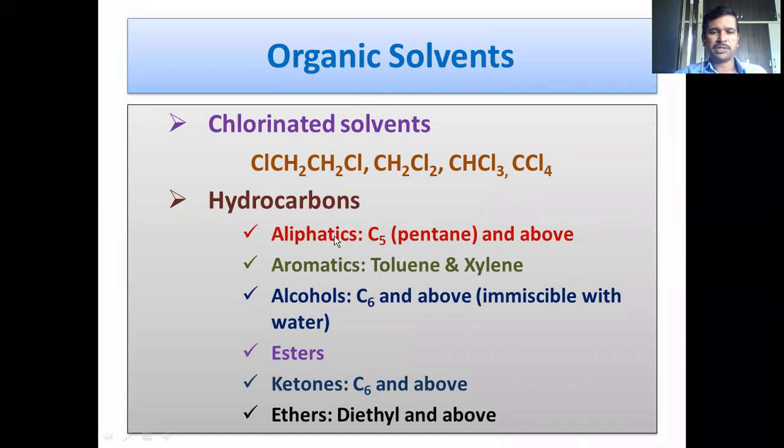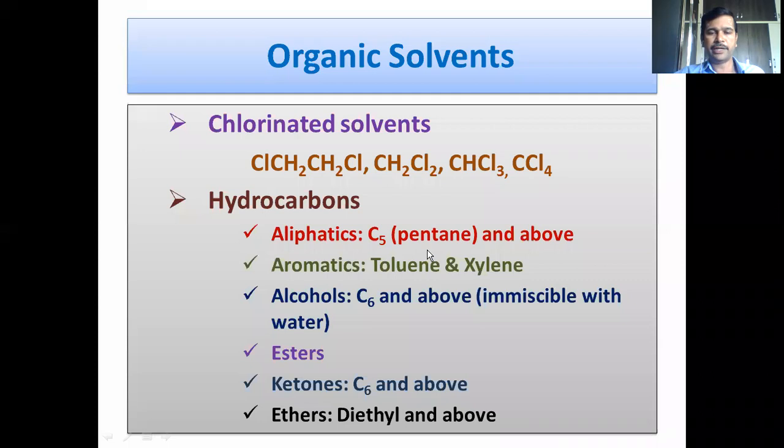Next, hydrocarbons. These are also very widely used, mainly aliphatic hydrocarbons such as pentane and above: n-pentane, n-hexane, n-heptane, n-nonane, n-decane. And even aromatics such as toluene and xylene, even benzene can also be used. Alcohols, n-hexanol and above, because of immiscibility. Why can't we use lower aliphatics here?